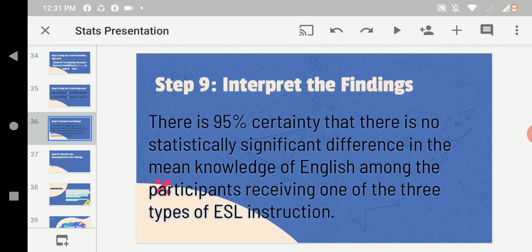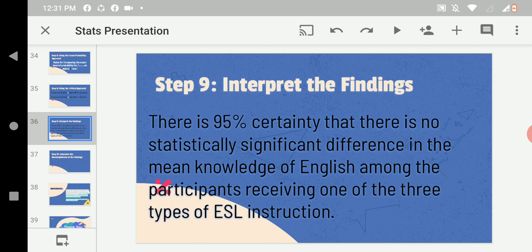Step 9. We have to interpret the findings now. Here's how we interpret the findings. There is 95% certainty that there is no statistically significant difference in the mean knowledge of English among the participants receiving one of the three types of ESL instruction.